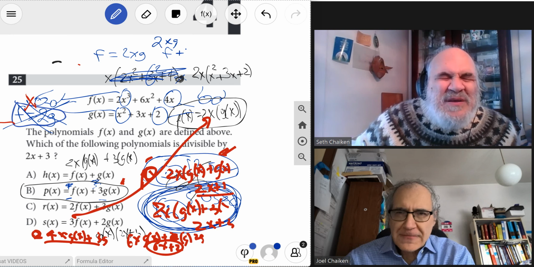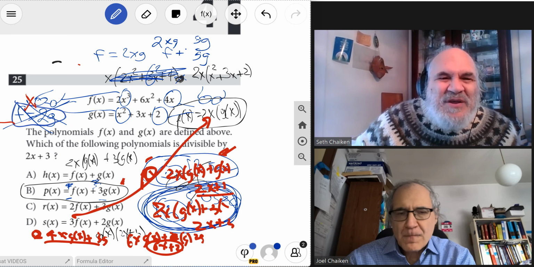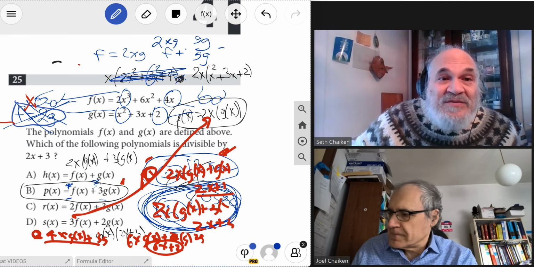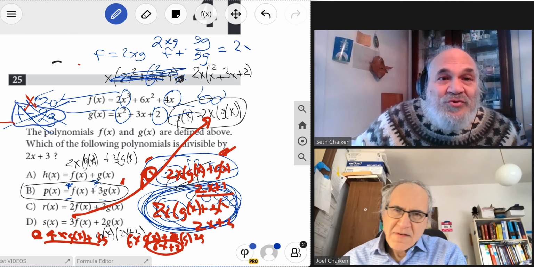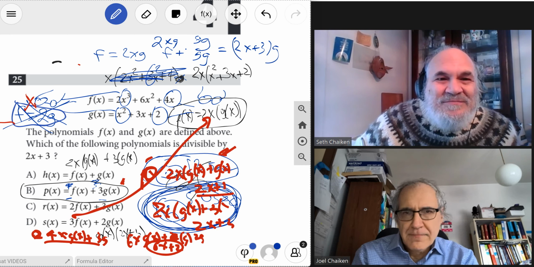Now, this thing would be divisible by 2x plus 3 if I could write 3g here, which I could. So f plus 3g is equal to 2x plus 3 times g.